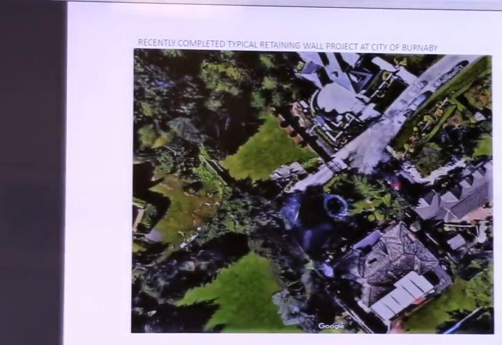This is a typical project we did before in Burnaby. We have the image for Burnaby, and the profile for the site. We have the creek, the river and so on.